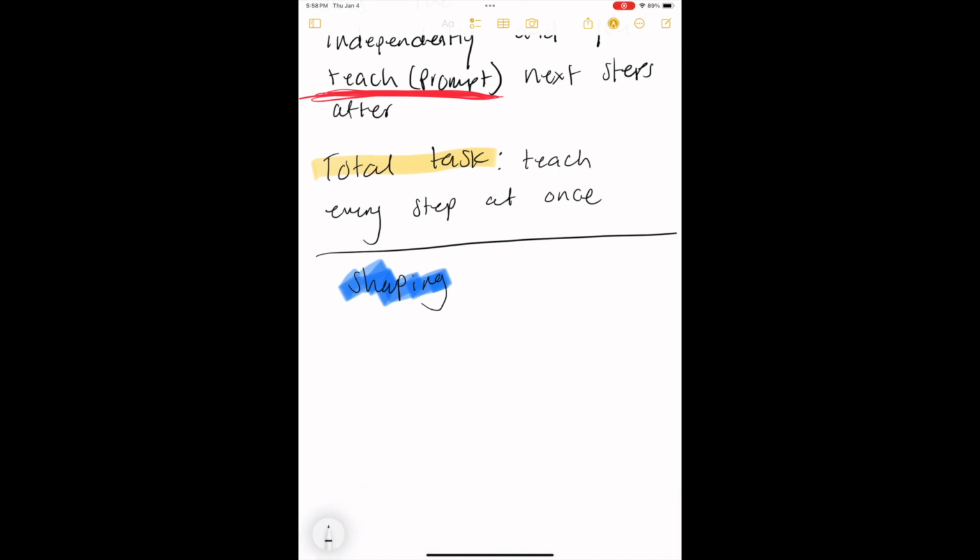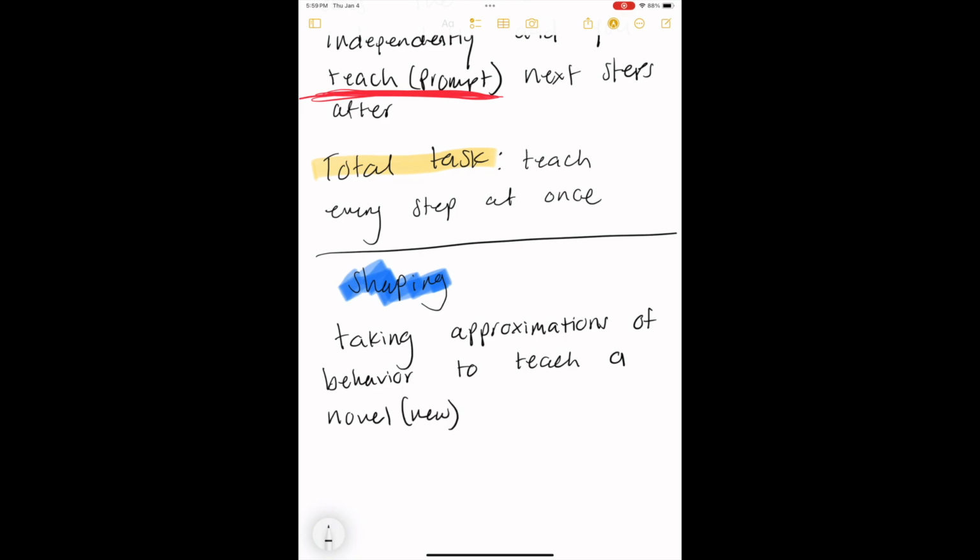Shaping is taking approximations of behavior to teach a novel behavior. And that's a very technical term here, novel. That just means new behavior. So what do I mean by, this might be where people get confused.